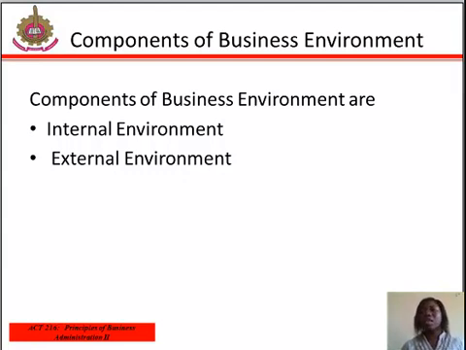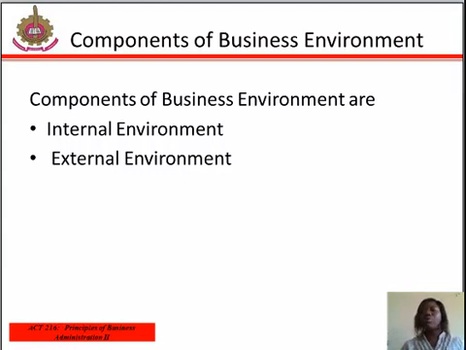These factors include objectives of the business, policies of the business, production capacity, production method, management information system, and participation in management. While the external environment includes all those factors which influence business and exist outside the business.